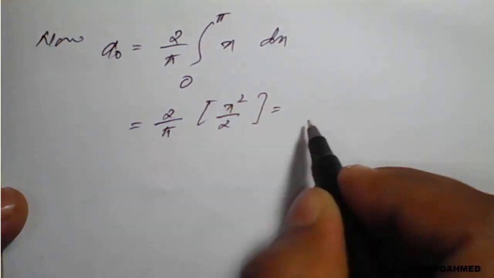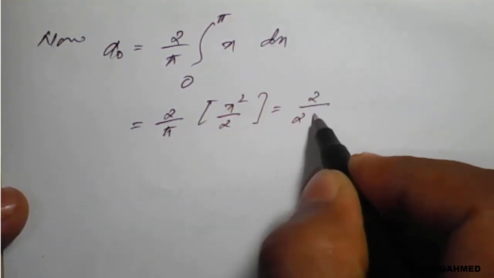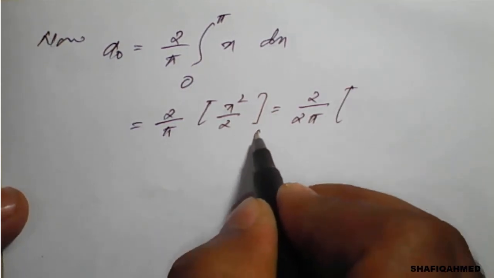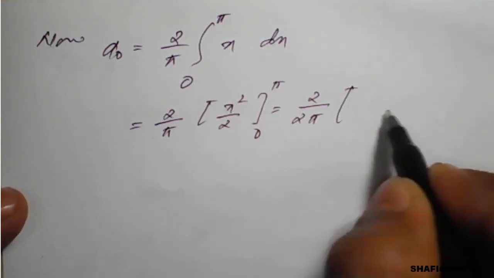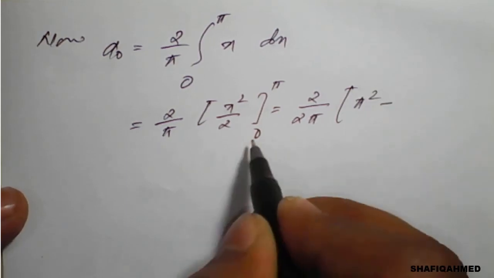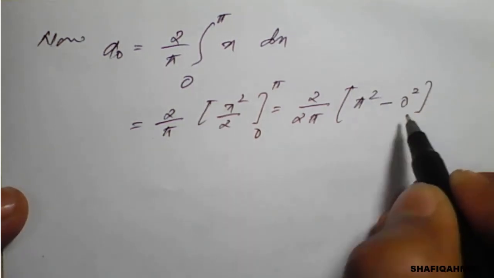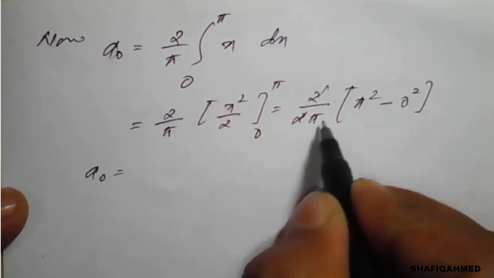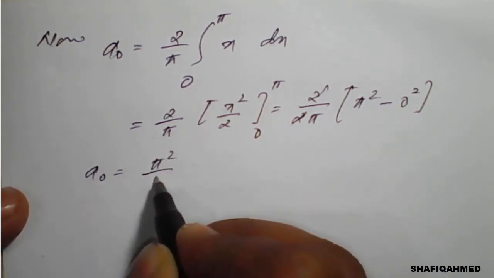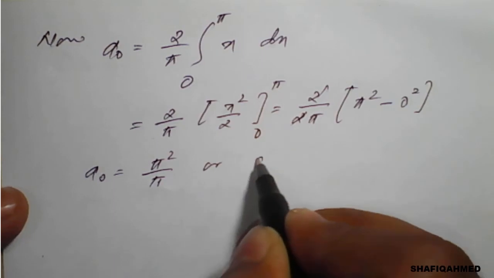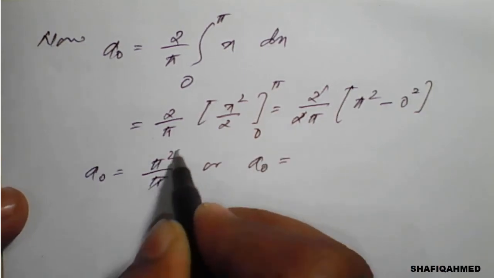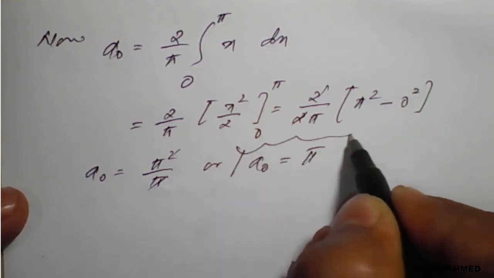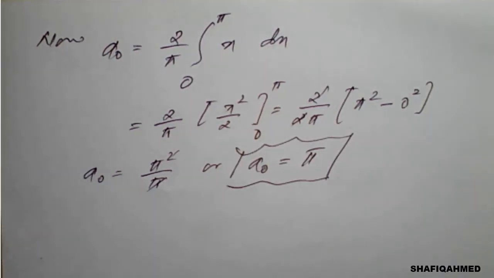Taking this 2 outside, 2 upon 2 into pi, with the limit from 0 to pi. Apply upper limit, it will be pi square. Apply lower limit, it will be 0 square. So 2 cancels, a naught is equal to pi square upon pi, pi cancels, so a naught is equal to pi. So we got the value of a naught.